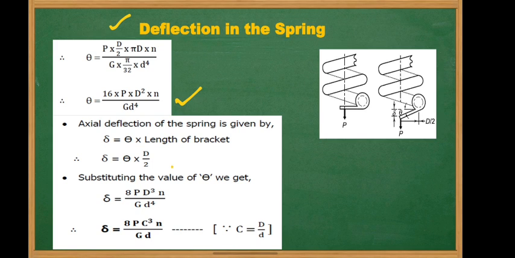Likewise here, delta is theta multiplied by D by 2. Substituting the value of theta, we get delta is equal to 8 P D cube N upon G d raised to 4. Therefore delta is equal to 8 P C cube N upon G d, where C is equal to capital D by small d.